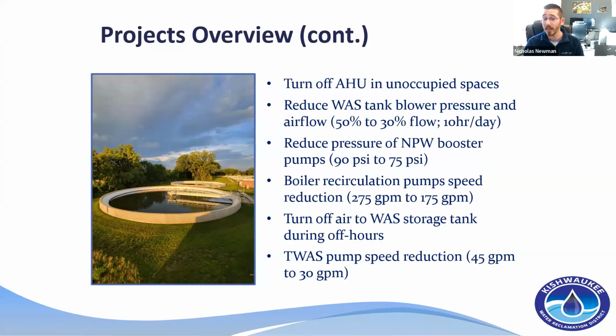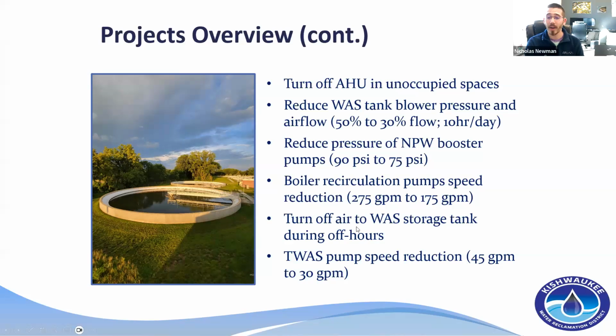Involving pump speed, we use boiler recirculation pumps for our digesters. So we reduced speed for the two primary digesters from 275 GPM to 175 GPM. And I don't have it on here, but for our secondaries, we brought that down to only 150, and we're still getting good digestion.